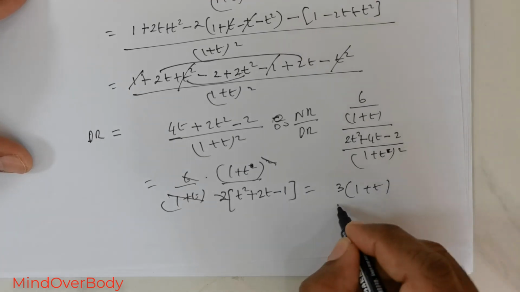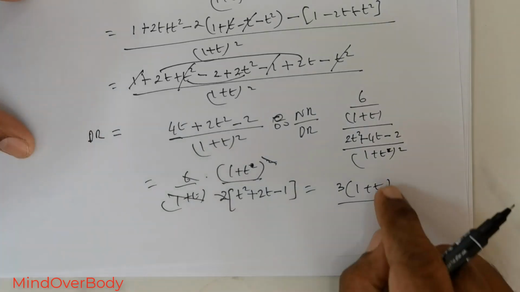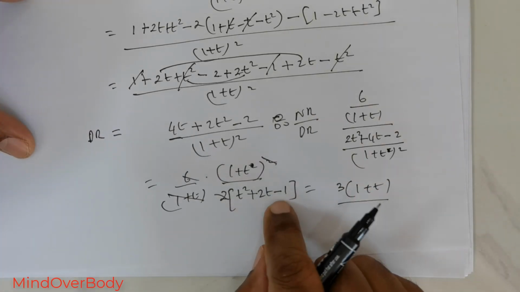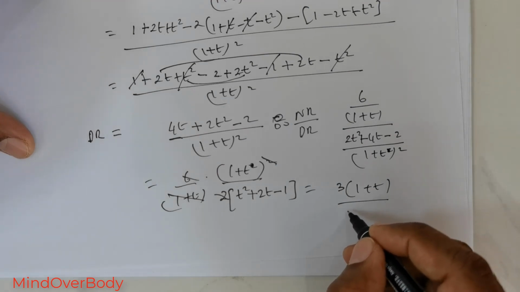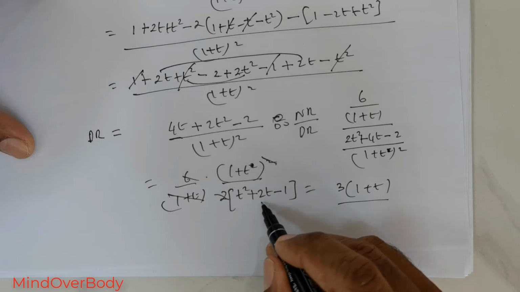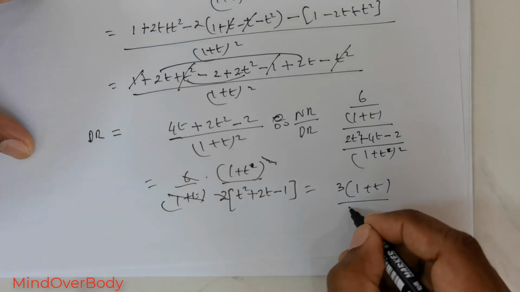I'm looking for whether it is possible for me to express this in any way. Okay, so you got t² + 2t − 1. I will just write that as it is.